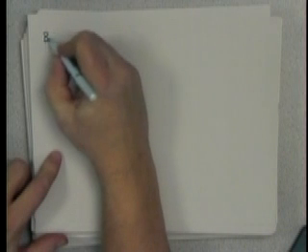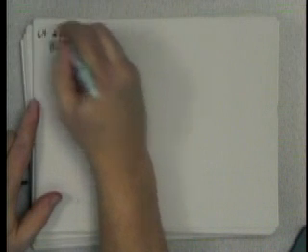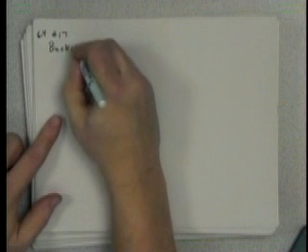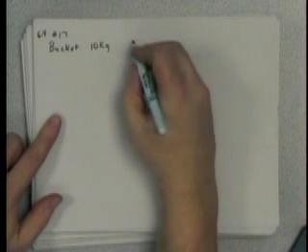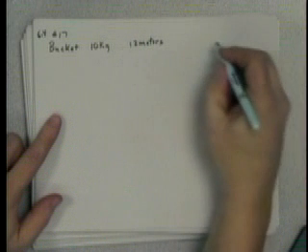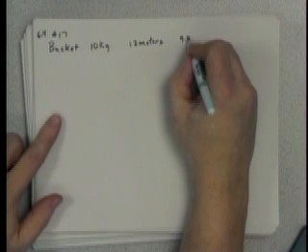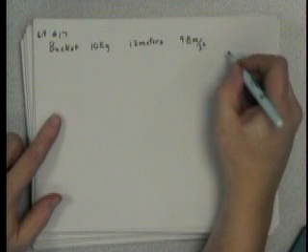So the bucket, this is number 17. The bucket had a mass of 10 kilograms, and it was moved 12 meters, and acceleration due to gravity is 9.8. We'll stop at 9.8 meters per second squared.